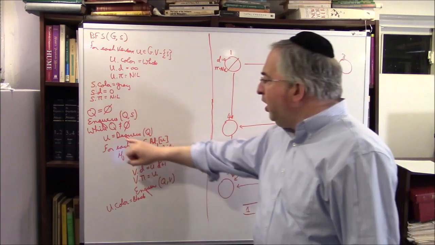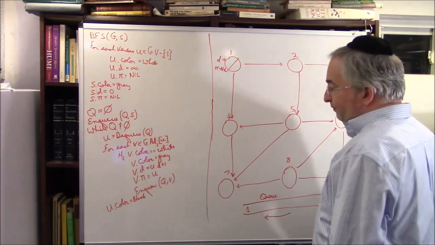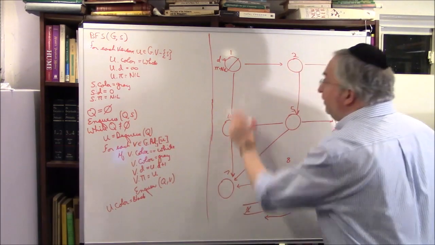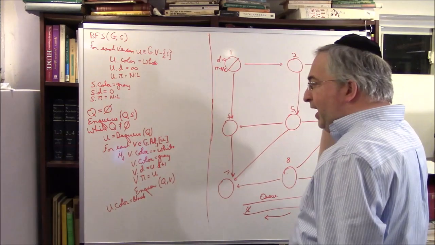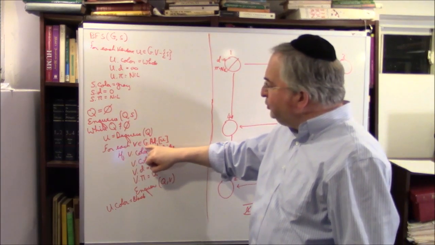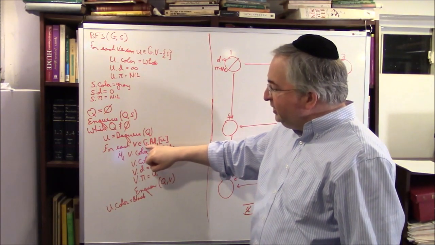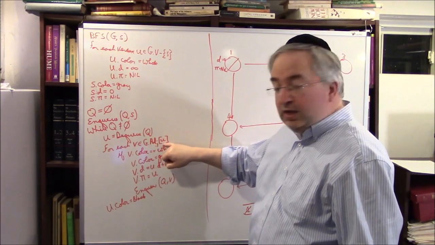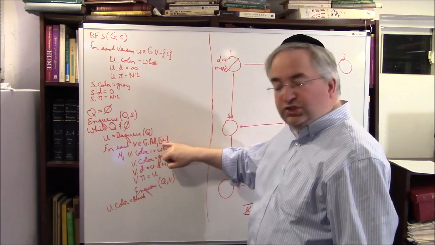While Q is not empty, U is equal to DQ, so we're going to pull off 1. Now we're going to look at, for each vertex V member of G dot adjacency of U, tell me, who is next to U?